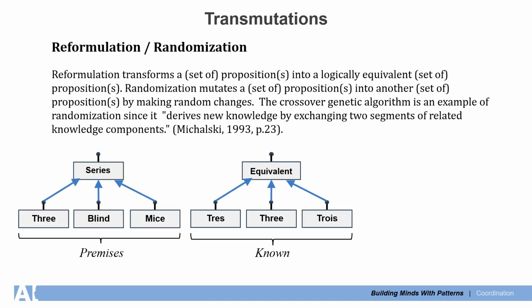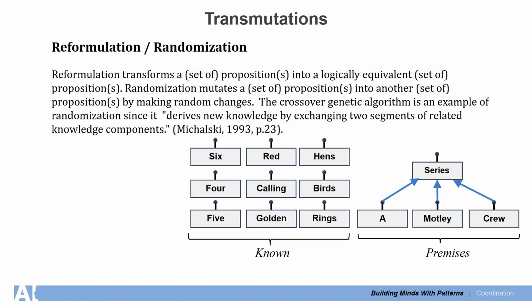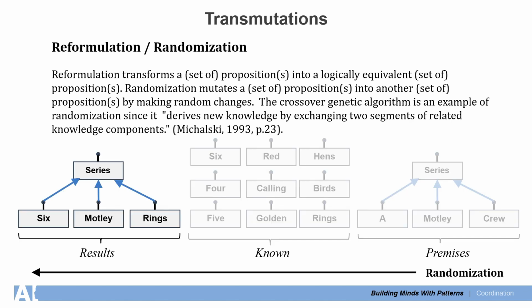Given premises 3 blind mice as a series, and known equivalences 3, 3, and 3, by reformulation, we can get 3 blind mice. Given premises a series called a motley crew, and known elements, 6 red hens, 4 calling birds, 5 golden rings, by randomization, we can get 6 motley rings.